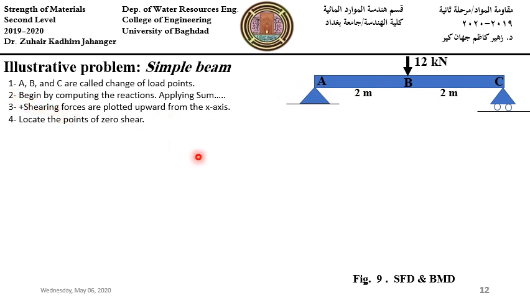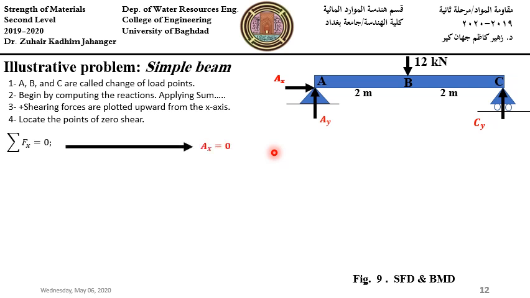First of all, we need to draw a free body diagram to compute the reactions by applying summation Fx, summation Fy, and summation moment. So we have three reactions. By equating to 0 summation Fx, this yields that A sub x equals 0.